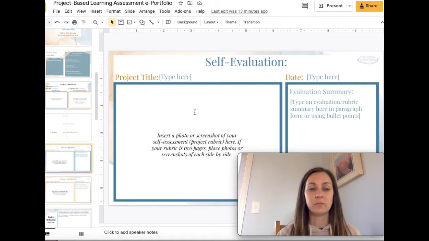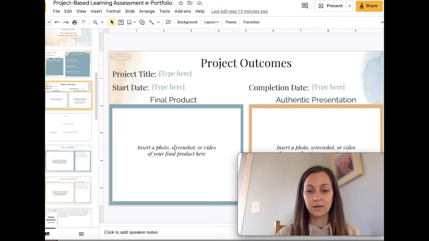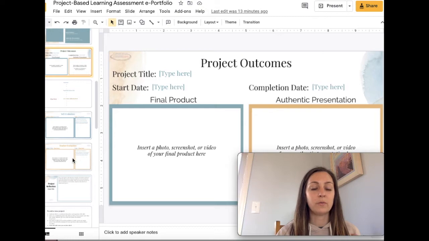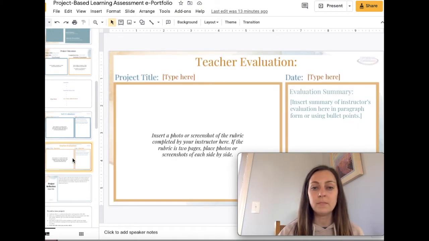This piece of this portfolio is really nice because students don't want to put a rubric here that isn't good. They don't want to put a picture of their final product in here if it's not quality work. So this portfolio really holds students accountable.